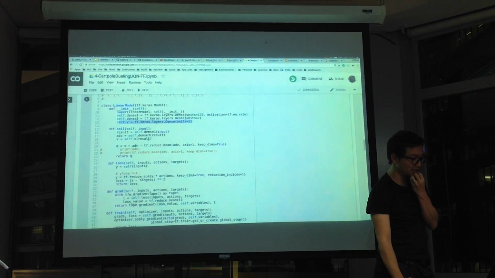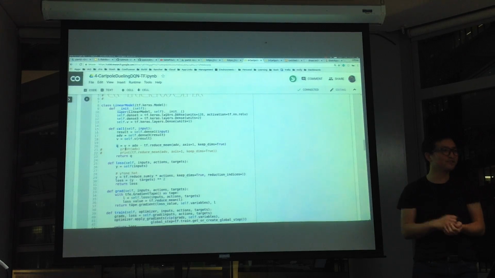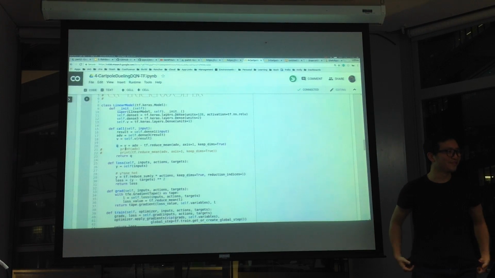You feed the output of your first dense layer into V. You also feed the output of that dense layer into your advantage. Your advantage is 2, your V is 1, and you do an addition and minus the mean.